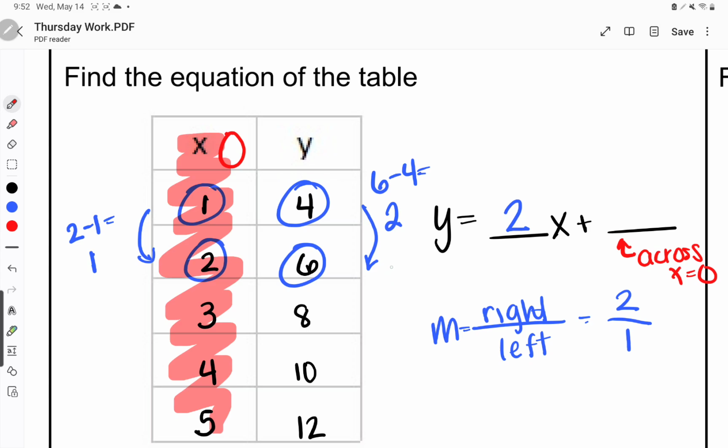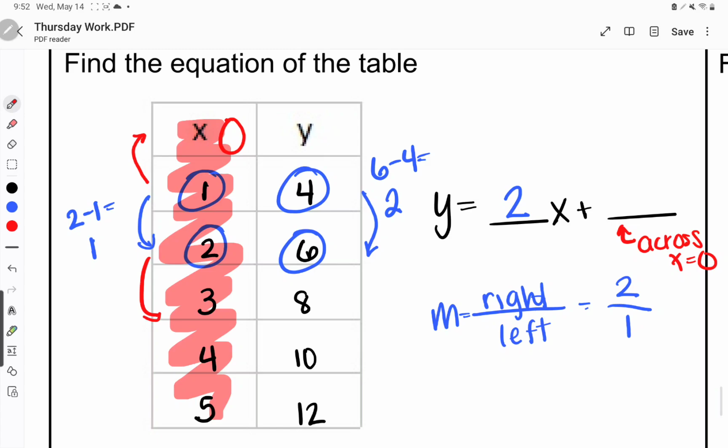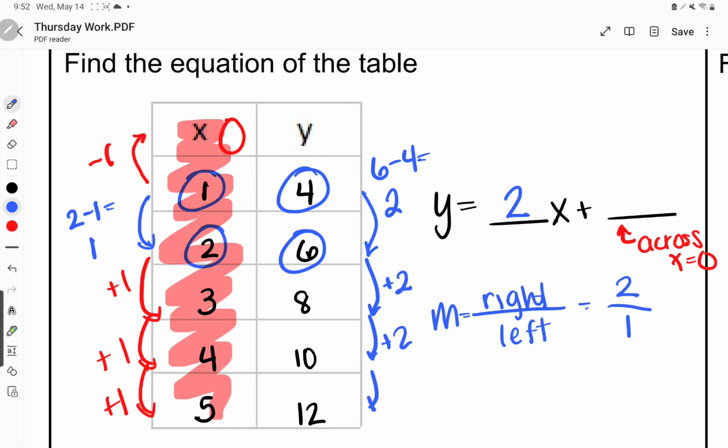Now, I still have to find what number is across from that x equals 0. So let's do some math here. We're moving backwards. This entire time, this has been going forward by 1. So this was +1, this is +1, this is +1. This time I'm moving backwards. I'm going from 1 to 0, so that's -1, right? Now, every time I've added 1 on the left side, I have added 2 on the right side.